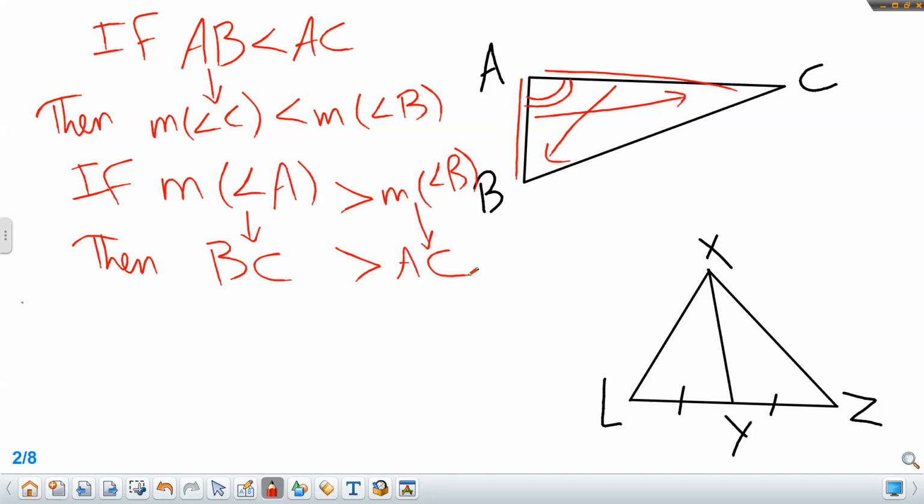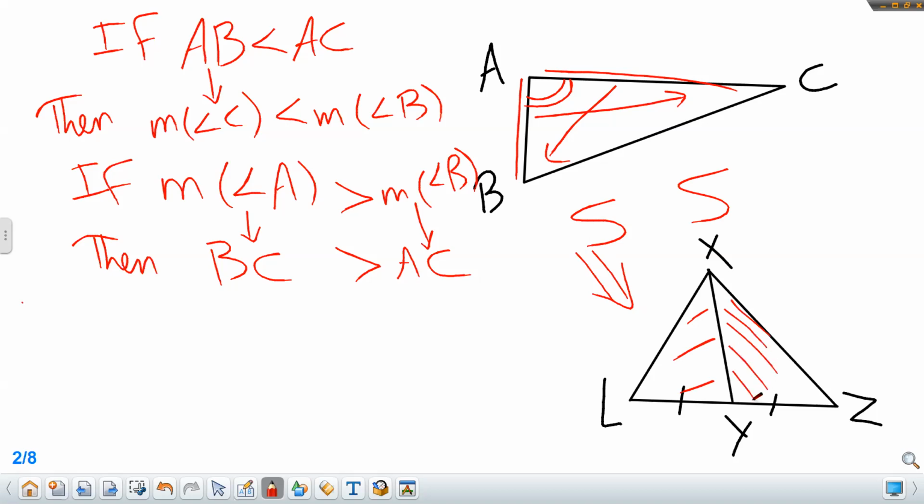What about if you have two triangles? In this figure, you have a condition first. First, you must have two sides of one triangle congruent to two sides of the other triangle. Okay, check that.